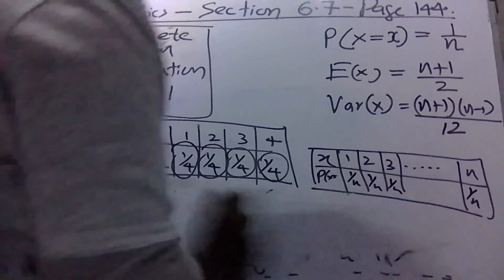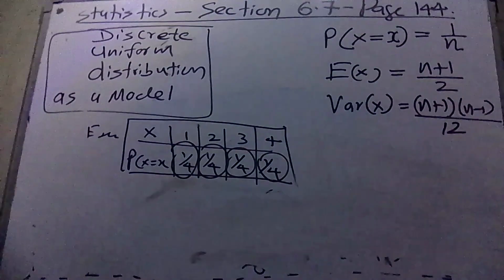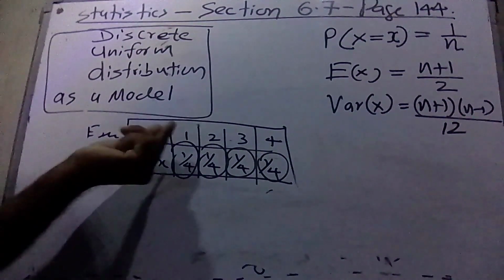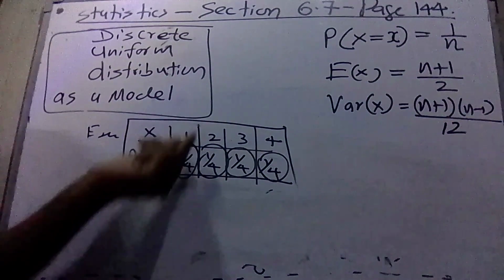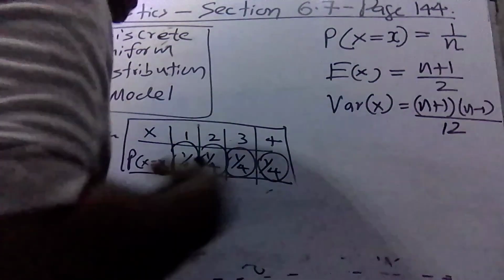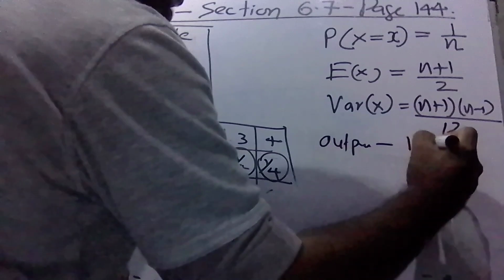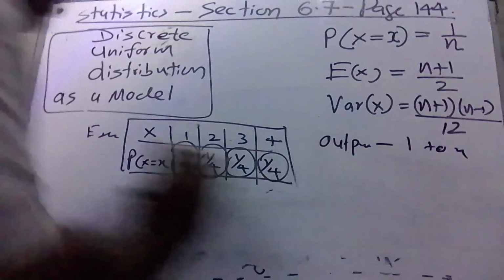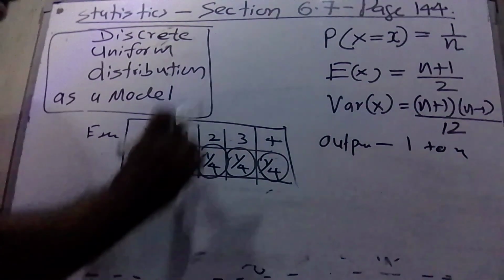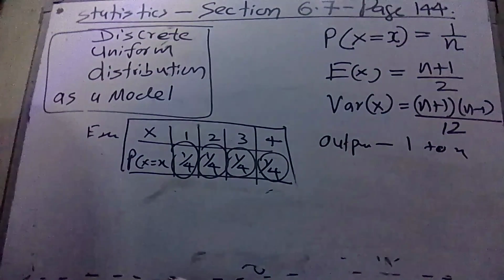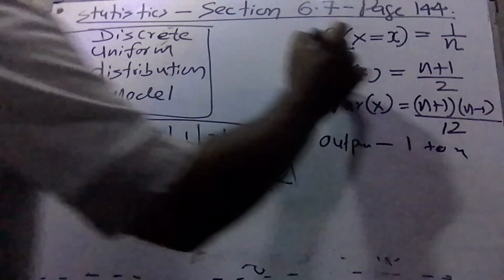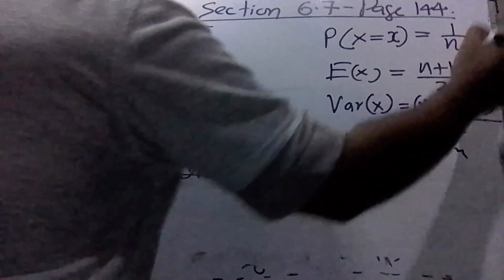Now for these kinds of situations, we should always remember the outputs will be from 1 to n, and they will have equal probability of 1 over n. These are the equations we are going to use.